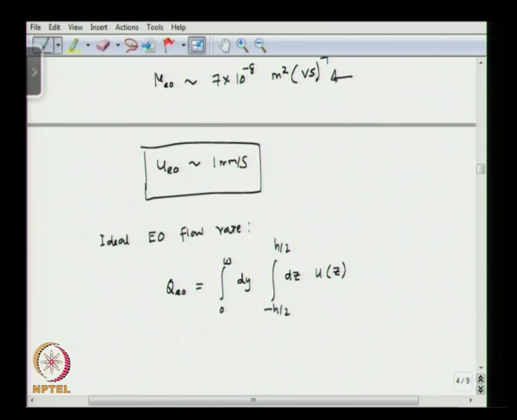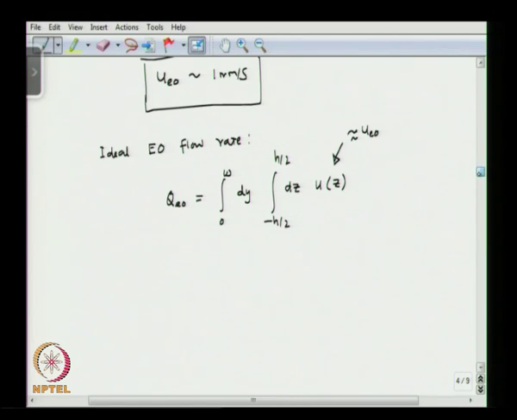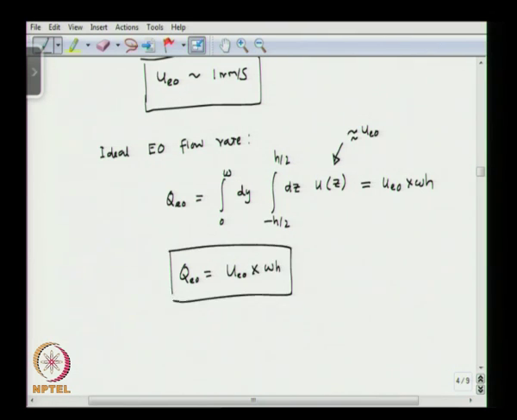If we say that u z can be approximated as U EO, the ideal electroosmotic velocity, then we can find an expression for the flow rate, which is U EO into W H. So, Q EO is U EO into W H, and this is at lambda d less than h by 2.